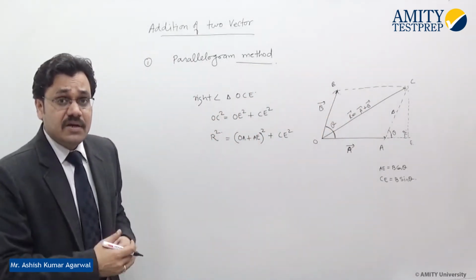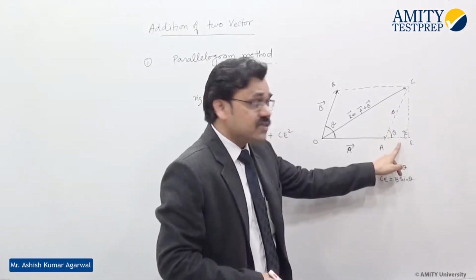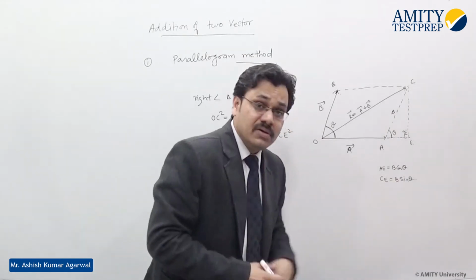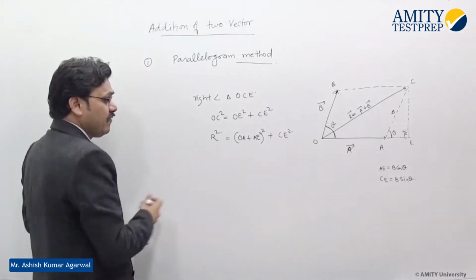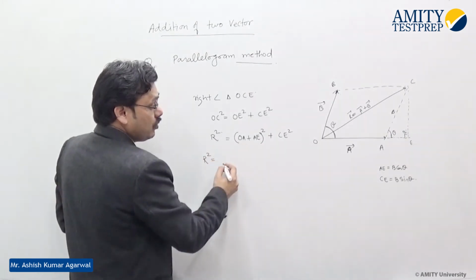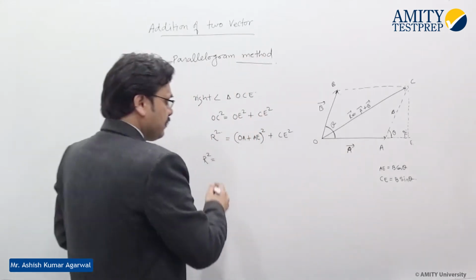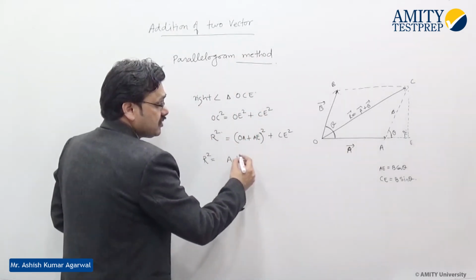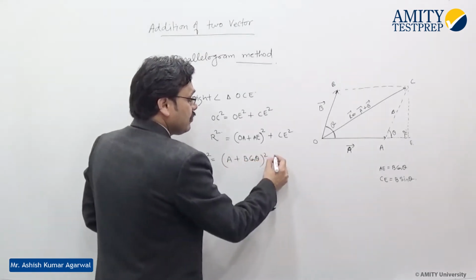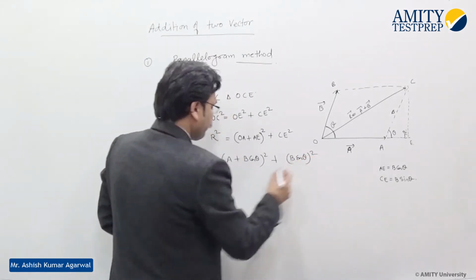I am using trigonometry here in this triangle, so AE equals B cos theta and CE equals B sin theta. If I place these values here, R square equals, in place of OA, the magnitude of A, plus AE, which is B cos theta, whole square, plus in place of CE, B sin theta, whole square.